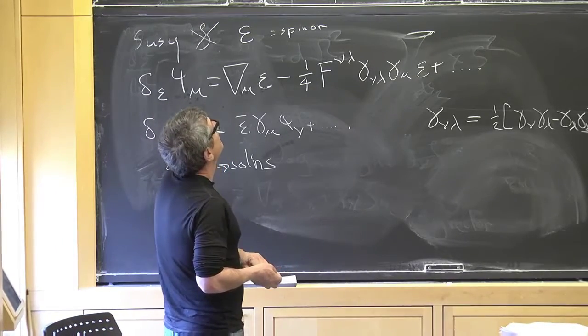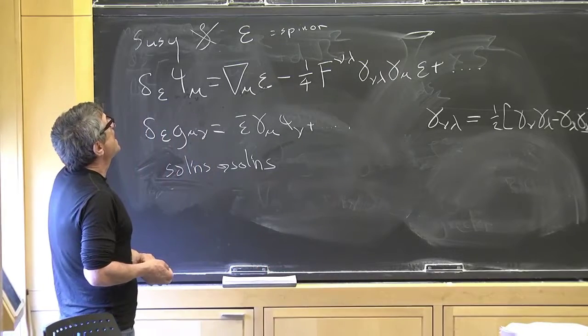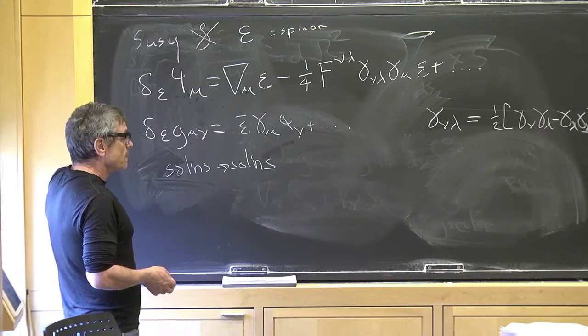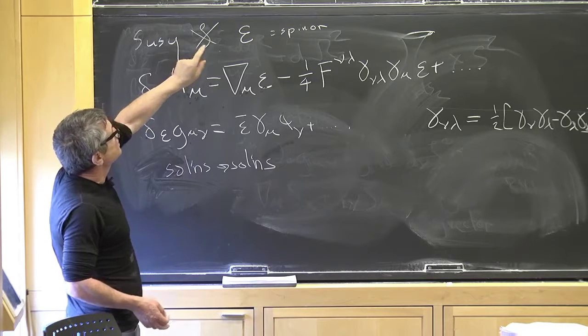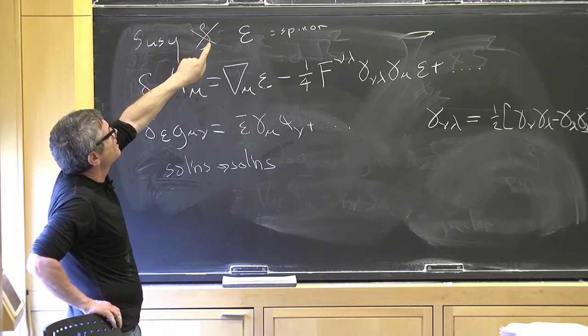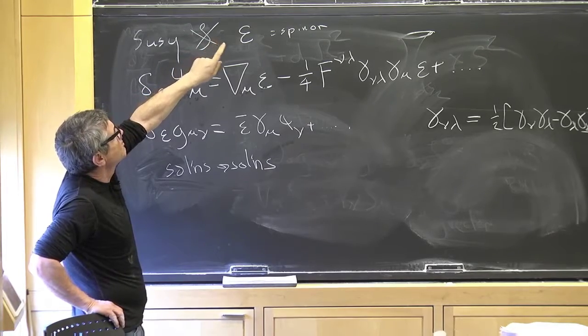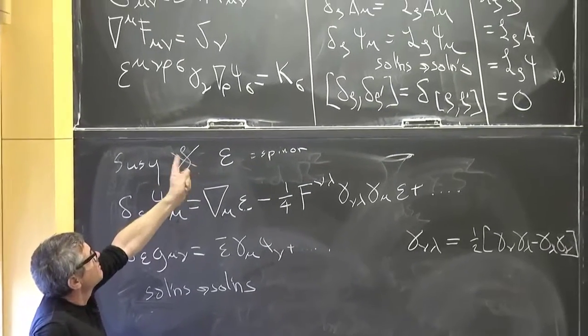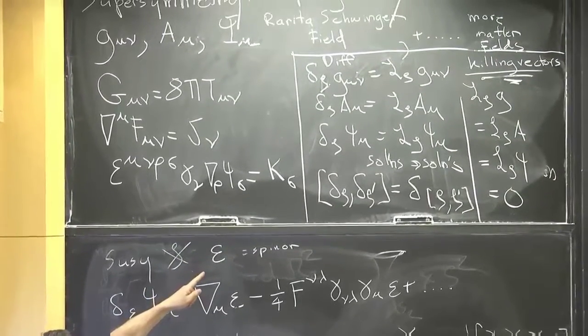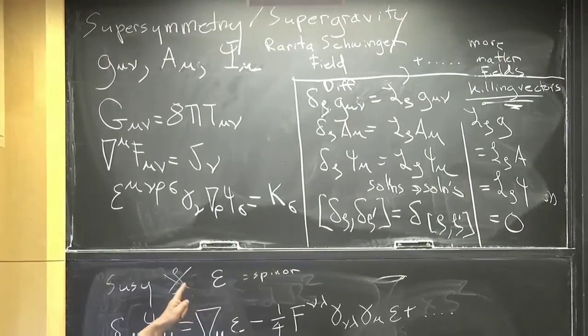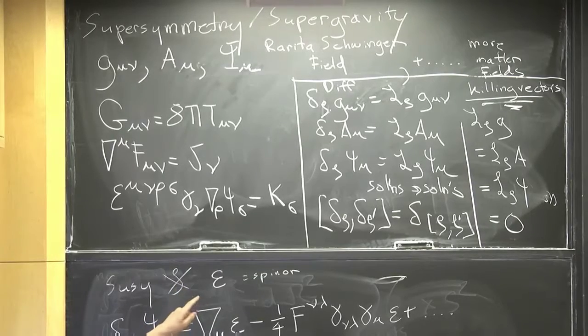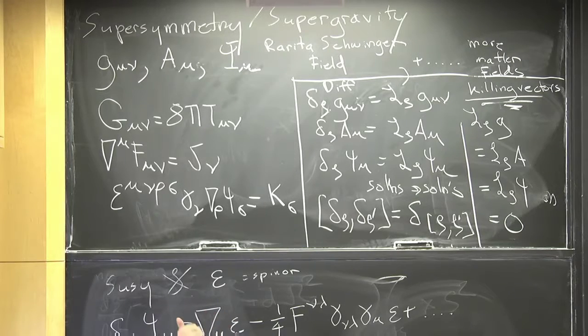Of course, we see that the ordinary diffeomorphisms mix up different components of G with one another, but don't mix G with A or with psi. We could think of the 10 components of G as being in one multiplet that are related by Lorentz transformations, for example.